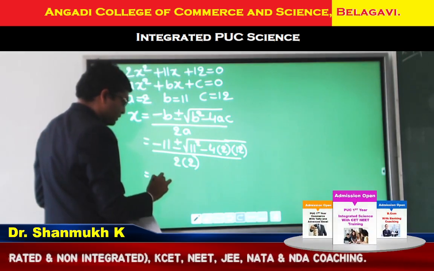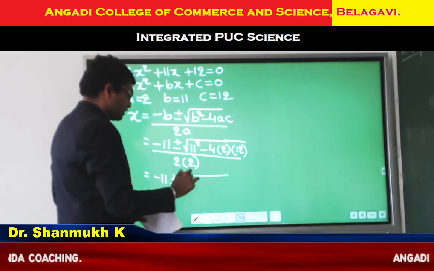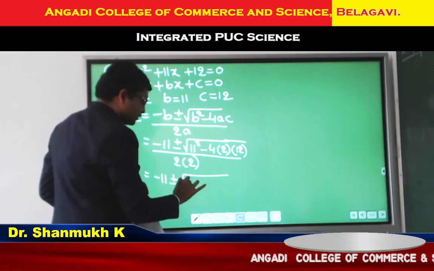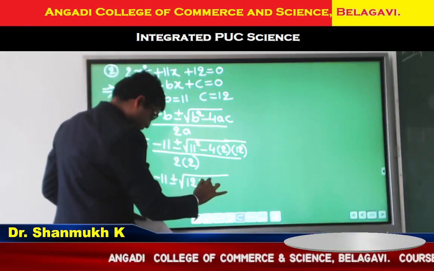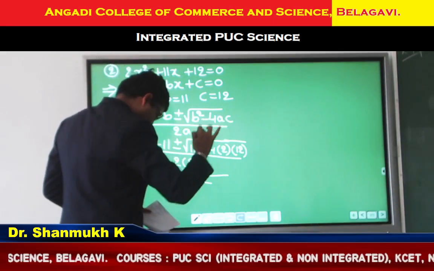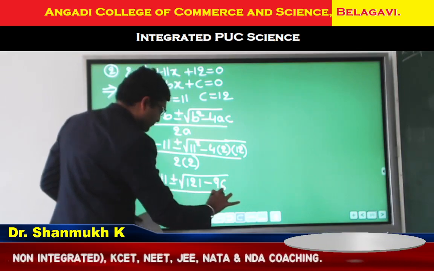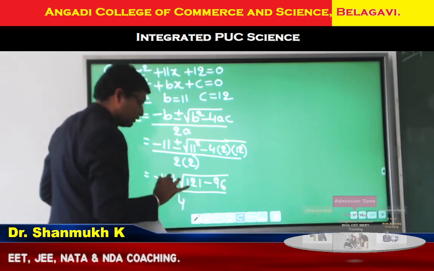This is equal to minus 11 plus or minus under the square root of 11 square, which is 121, minus 4 into 2, which is 8, 8 into 12 we get 96, divided by 2 into 2, which is 4.